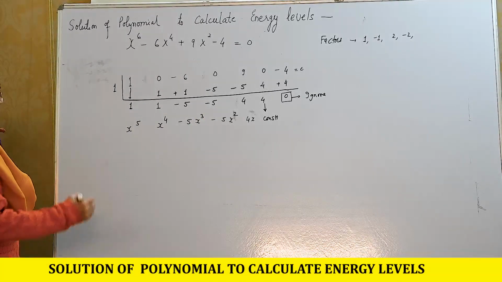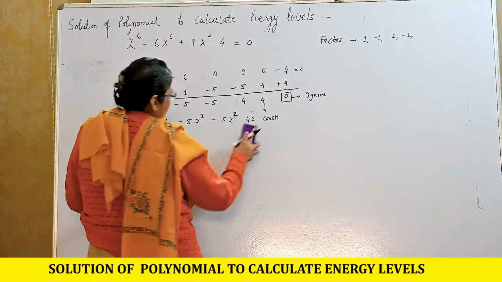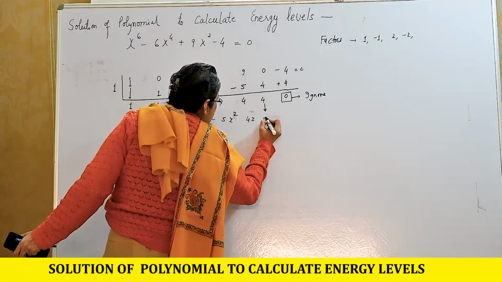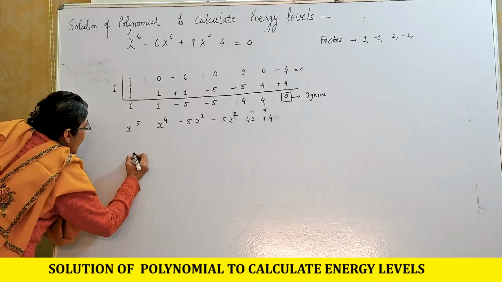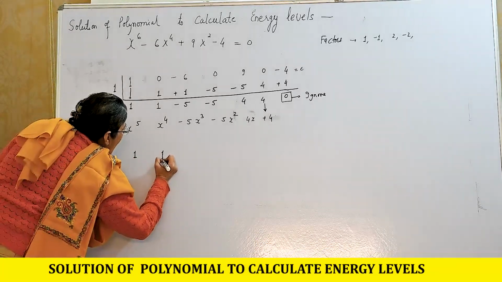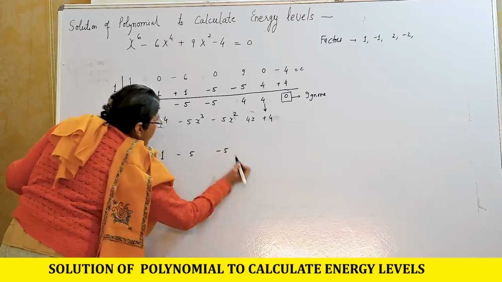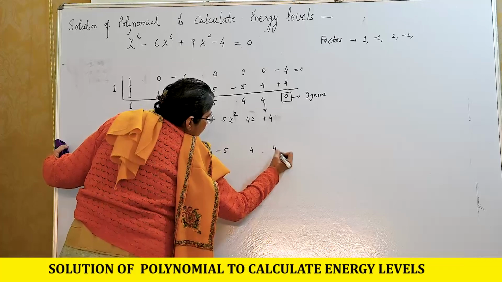Now again, here we will write down plus 4. With coefficients we can write 1, 1, -5, -5, 4 and 4.